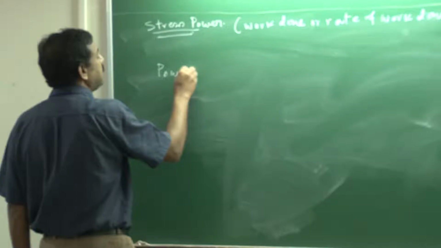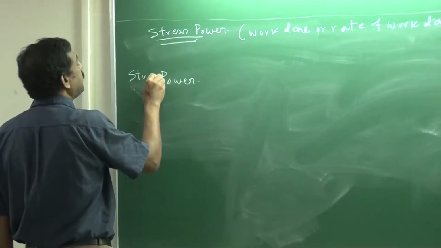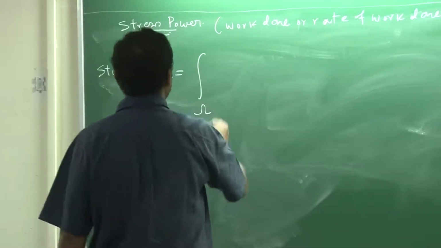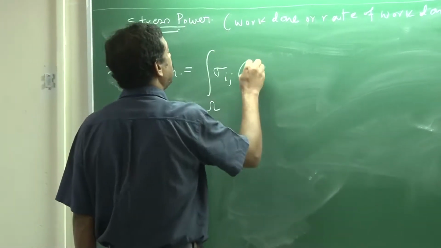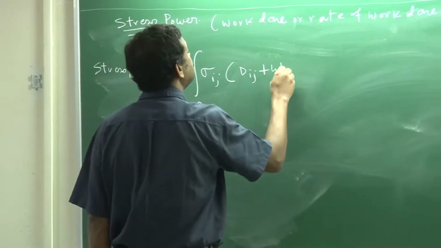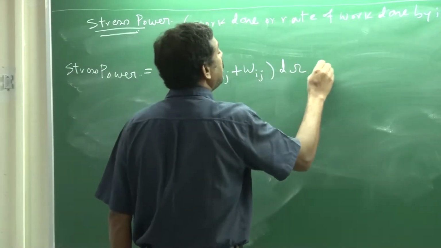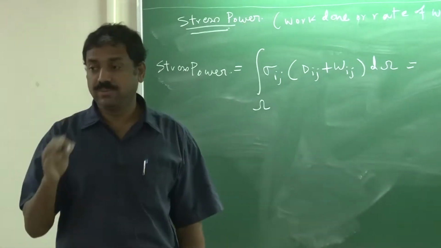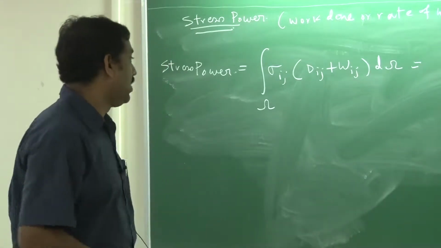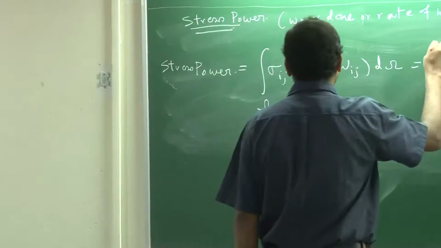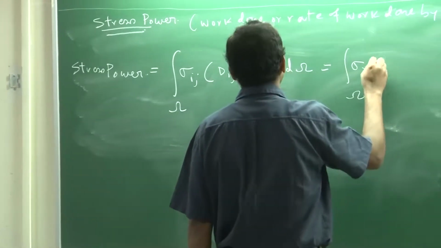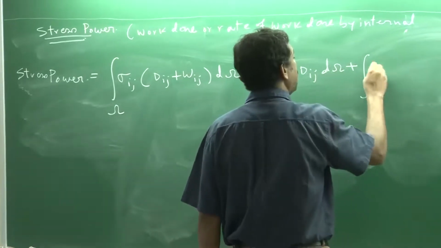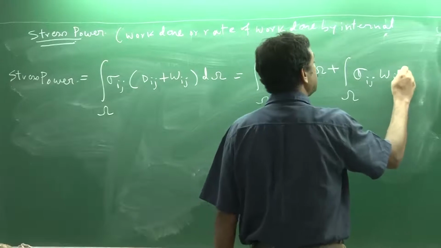So, stress power is nothing but the volume integral of sigma_ij (D_ij plus W_ij) d omega. The velocity gradient is decomposed into the rate of deformation tensor and the spin tensor, and the spin tensor is skew symmetric. So, this is sigma_ij D_ij d omega plus sigma_ij W_ij d omega.